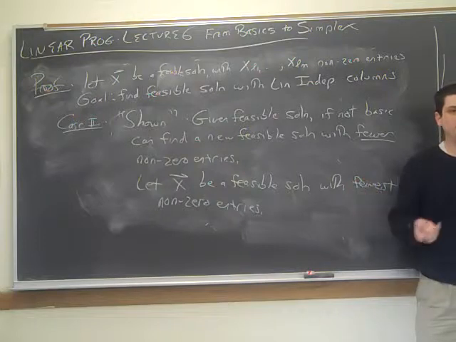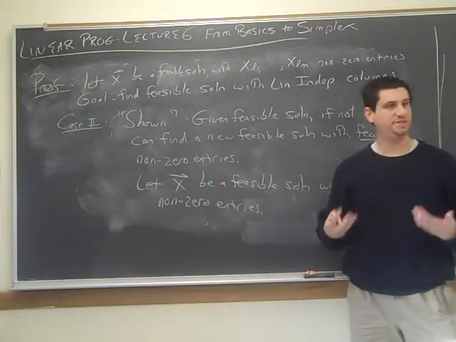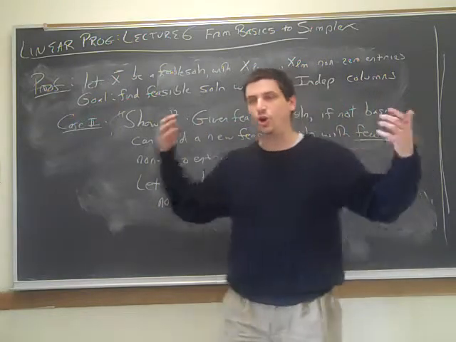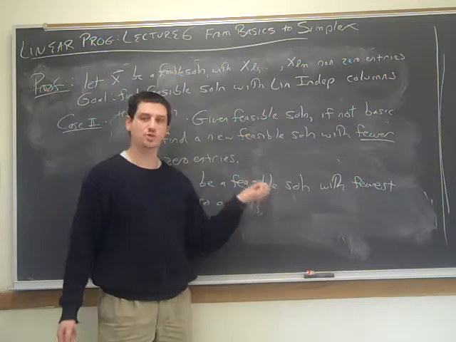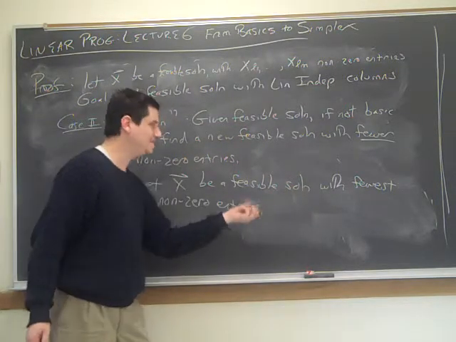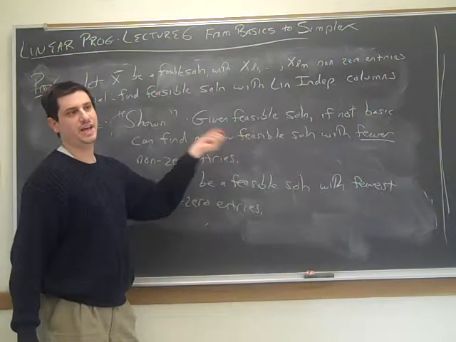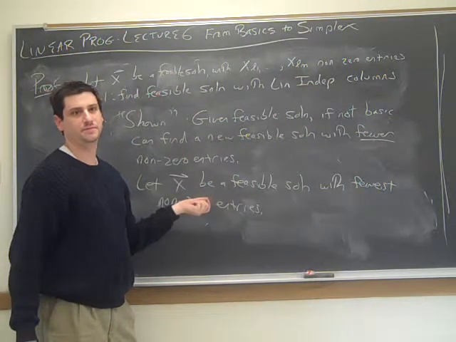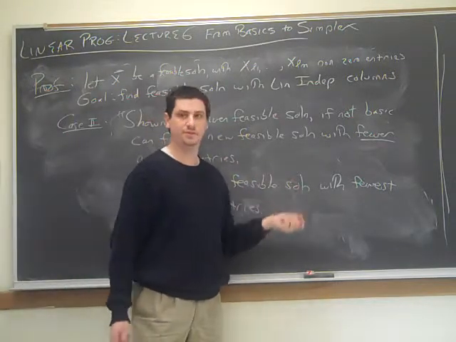So the number of non-zero entries is either going to be 0, 1, 2, 3, all the way up to n. It's a finite number. And so we just look at all possible feasible solutions, and then look at one of the feasible solutions with the fewest number of non-zero entries. If it wasn't basic, this gives us a way to find something with even fewer non-zero entries. That can't happen. Therefore, there has to be a basic feasible.